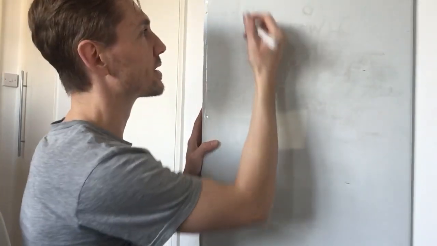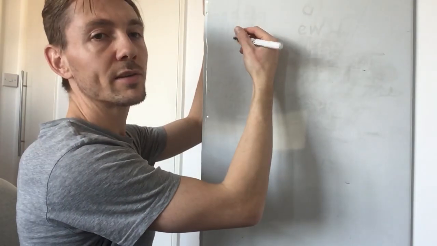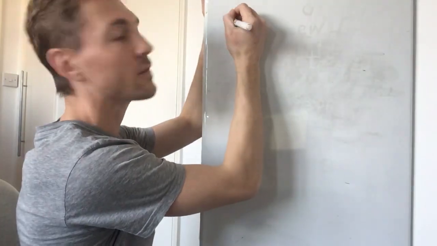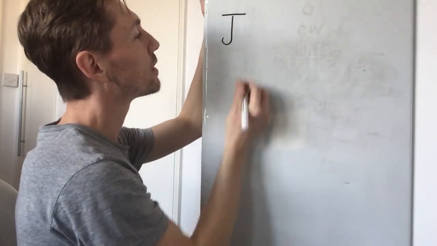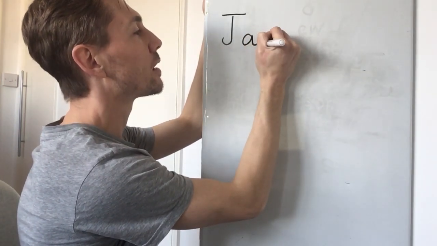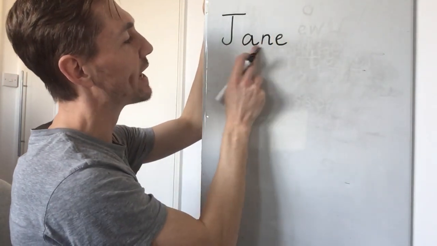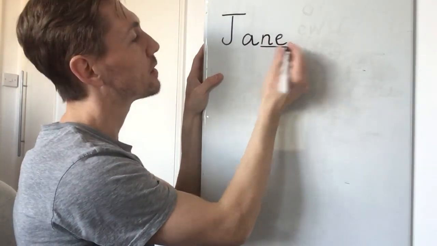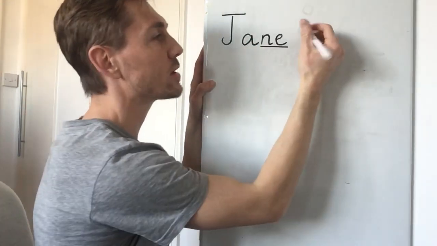Okay, so we're going to write that sentence together now. Write the first word. The first word is Jane. So say the sounds to write the word Jane, and then check that you've got the same as I have. Capital letter for Jane. N-E spelling of N in Jane. Jane. Next word is wandered.